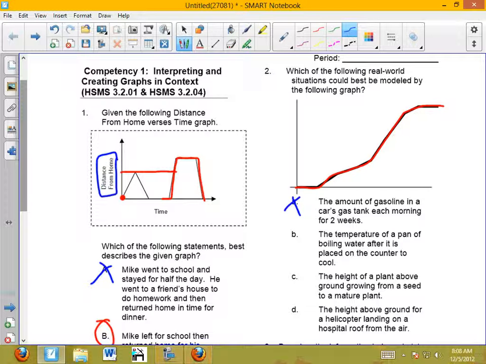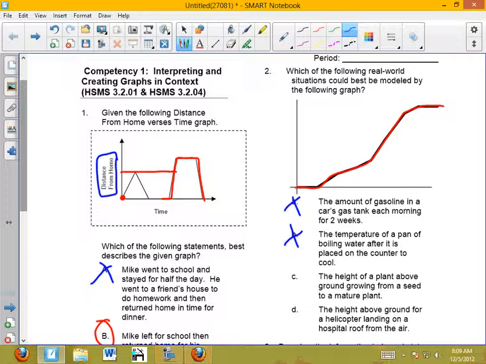The temperature of a pan of boiling water after it is placed on the counter to cool. Well, unless something is wrong with your counter, water placed on your counter is going to get cooler. Unless, of course, your counter is possessed by Satan. And then maybe it'll rise in temperature.